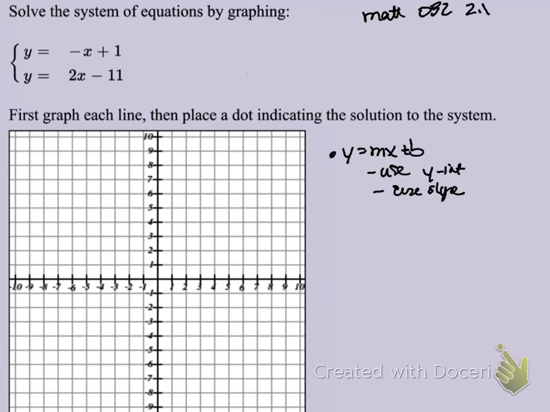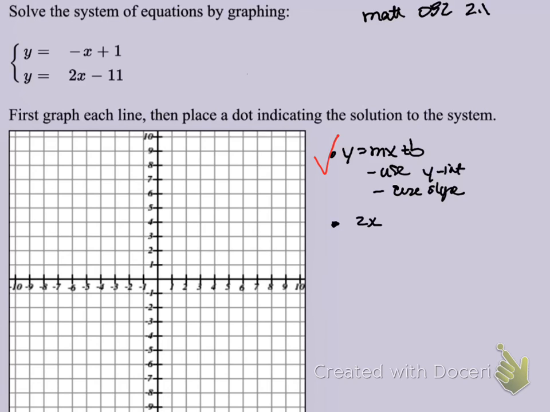Notice that's exactly what we're given right now. We're given y equals mx plus b form, so that's probably the method that I will be using in this video.